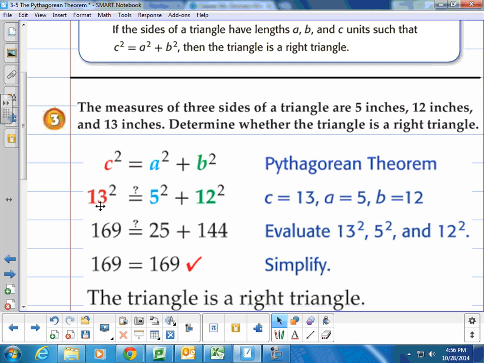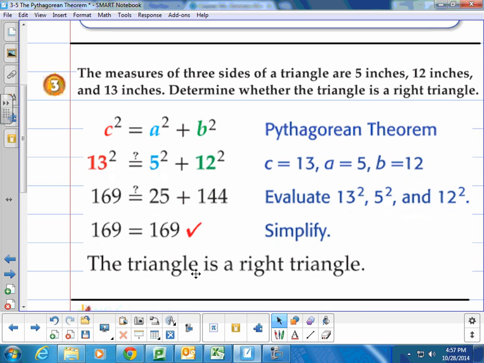I evaluate those numbers, so 13 times 13 is 169, 5 times 5 is 25, 12 times 12 is 144. I add them, and I simplify. I have a check mark here because since both sides remained equal, that means that the Pythagorean theorem for these side lengths was true, and that means that this triangle is a right triangle. So a triangle with the lengths 5, 12, and 13 is a right triangle.